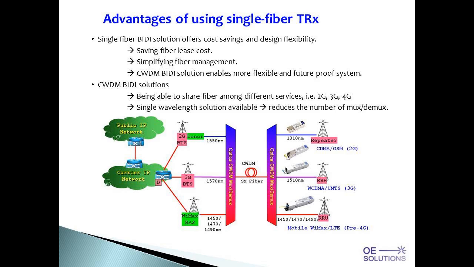First of all, the advantage of a traditional single fiber bidirectional solution is that it saves fiber lease cost, it simplifies fiber management, and a CWDM solution can also enable a more flexible and future-proof system.